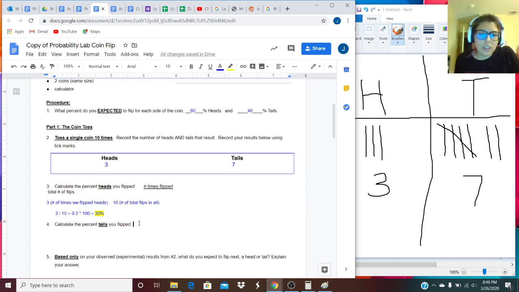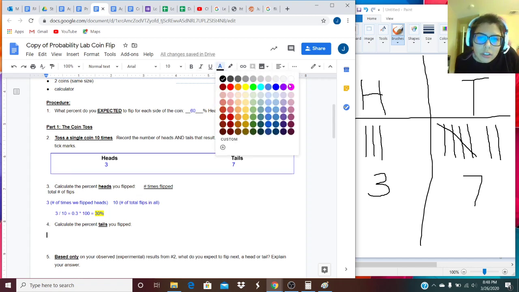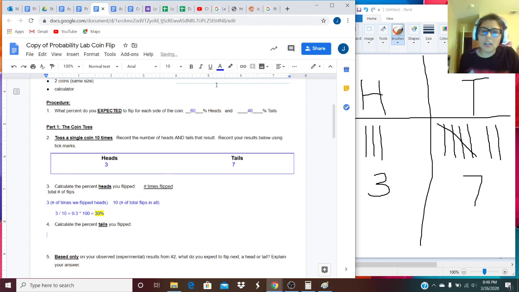All right, we're going to do the same thing, but for tails this time. How many times did we flip for tails? Well, we flipped 7 times. So 7 is the number of times we flipped tails. And again, we still have to use the number 10 because we use 10 total flips in all.